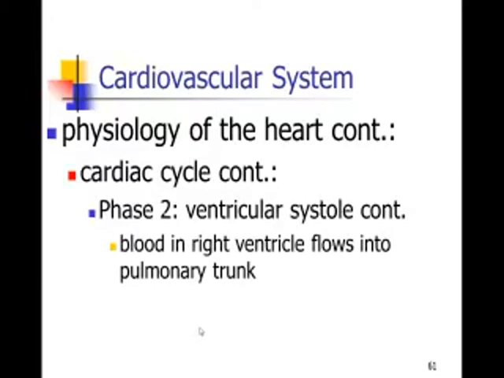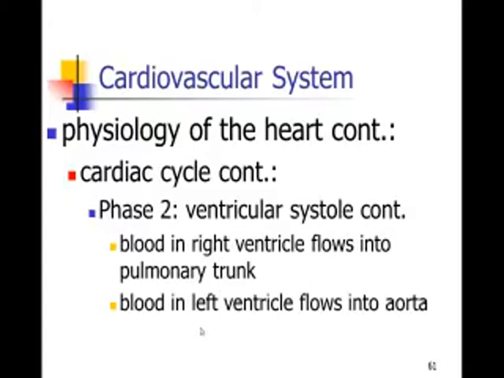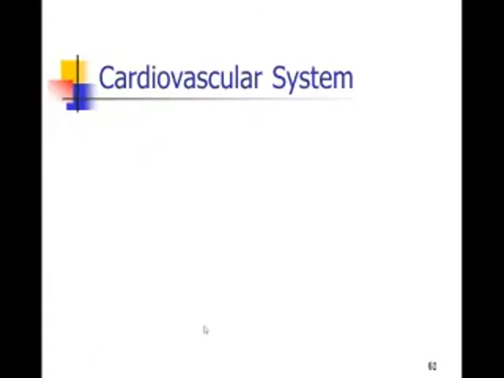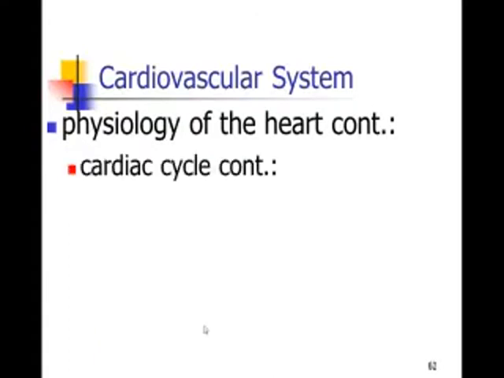The blood from the right ventricle is going to flow into the pulmonary trunk. Blood from the left ventricle is going to flow into the aorta. Both of those vessels are going to stretch because of the pressure, and then eventually the ventricles relax. And when they relax, remember the two vessels that receive the blood, the pulmonary trunk and the aorta, are contracting against the stretch. They push the blood back toward the heart and close those semilunar valves. But they also push the blood away from the heart.